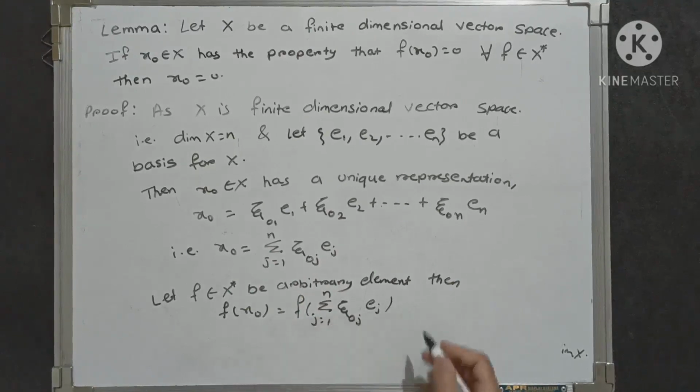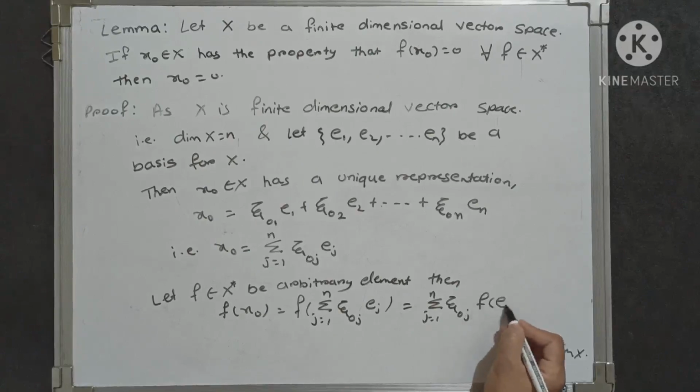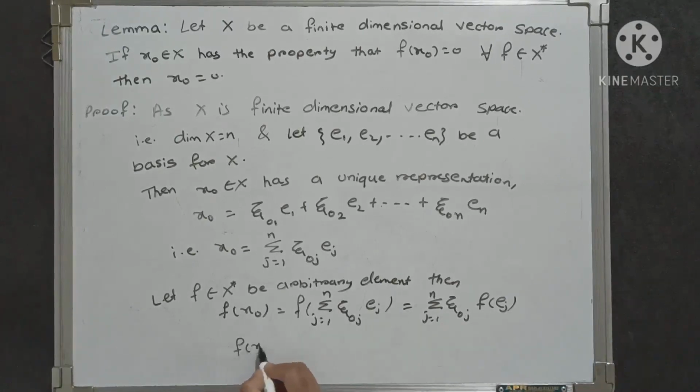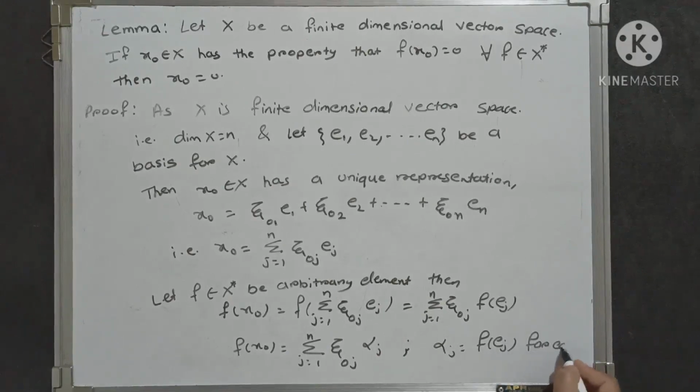But as f is linear, it equals the summation j from 1 to n of xi 0j into f of ej. We write f of ej equals alpha j, and therefore f of x naught equals the summation j running from 1 to n of xi 0j alpha j, where alpha j equals f of ej for each j, 1 less than or equal to j less than or equal to n.